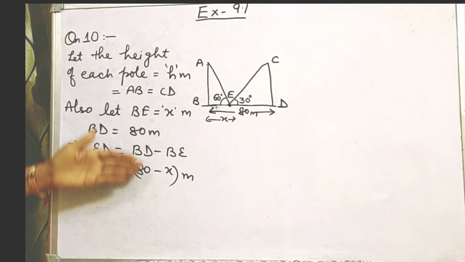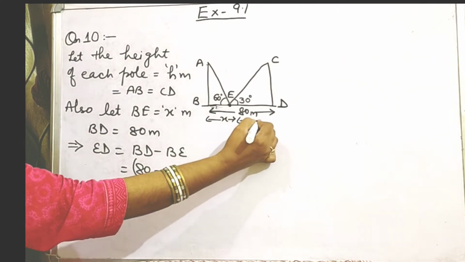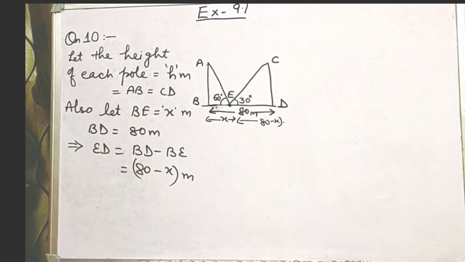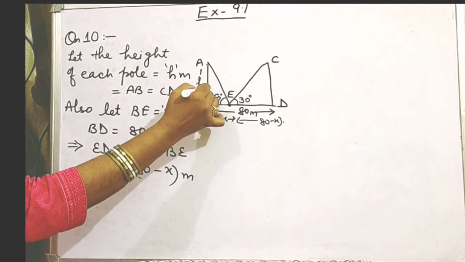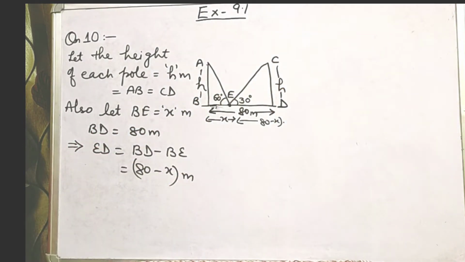So this is all about what we have supposed. From here E to D is 80 minus x. Now we have to find AB and CD, and we have supposed that AB is h and CD is also equal to h.